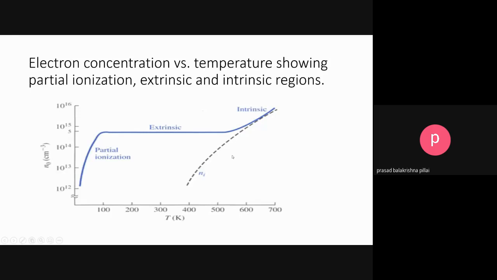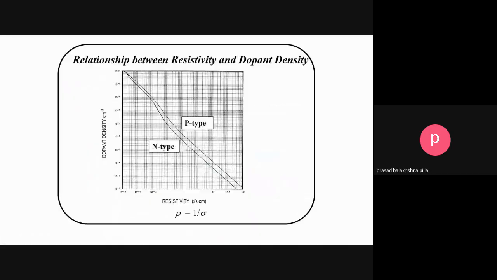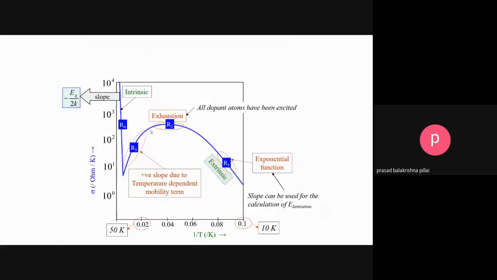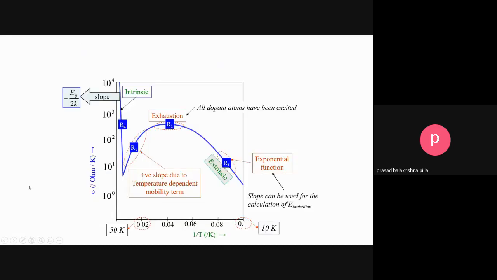I would like to show this because this is something you will probably be doing in your characterization paper. Otherwise you are supposed to do an experiment in the second semester, band gap measurement, where you change the conductivity with the temperature and plot the graph between the reciprocal of the temperature, 1 by T, versus the conductivity.